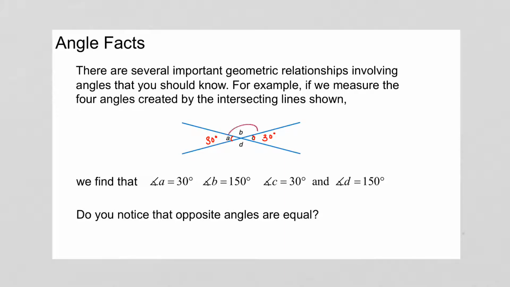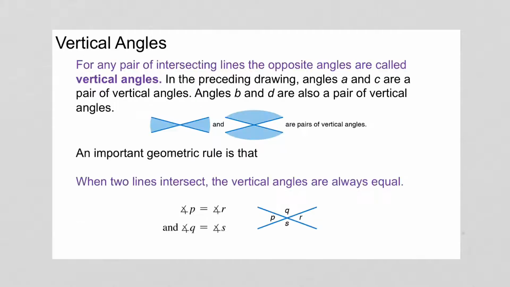And B and D are 150. They have equal measures. And that is a theorem, called the vertical angle theorem. For any pair of intersecting lines, the opposite angles are called vertical angles, and they are always equal.